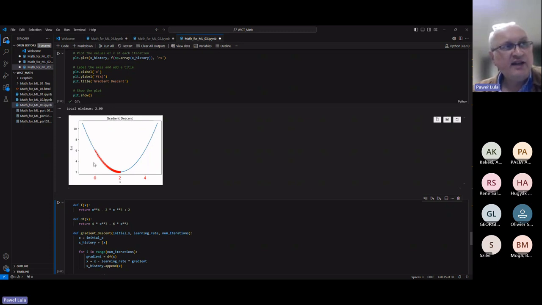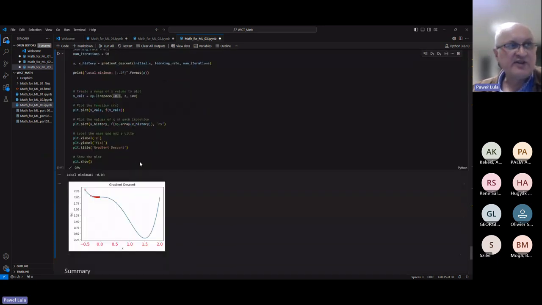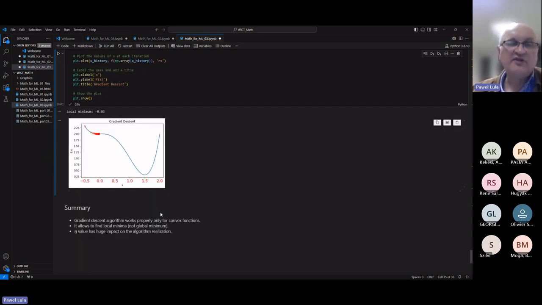For this function, it is true, because for any 2 points, you can draw a line which has no common points with this blue line. But this is not a convex function, because you can choose 1 point here, 1 point here, draw a line, and this line crosses this blue line. So it is not a convex function. In this situation, this algorithm does not work properly.